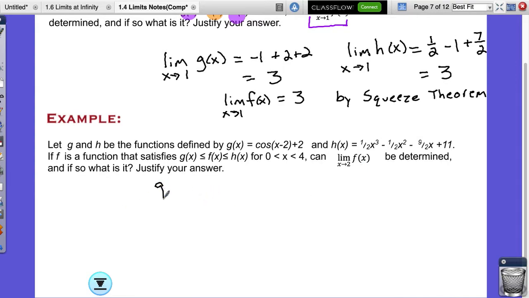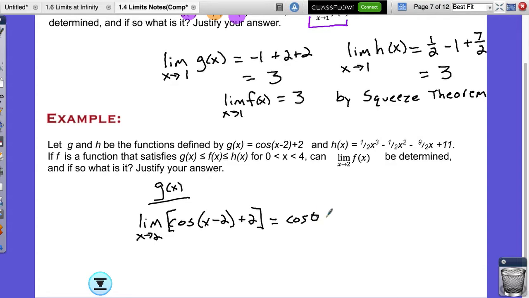All right, so for g of x, what's the limit as x approaches 2 of g of x, which is cosine of (x minus 2) plus 2? 2 minus 2 would be 0, so the cosine of 0 plus 2. Cosine of 0 is 1, and so that gives me 3.